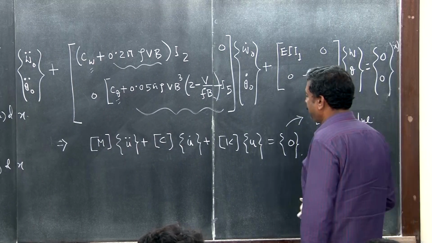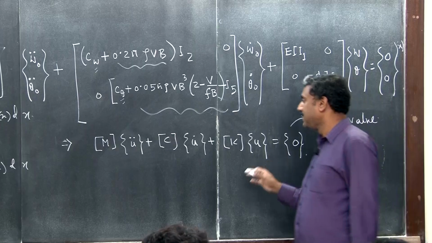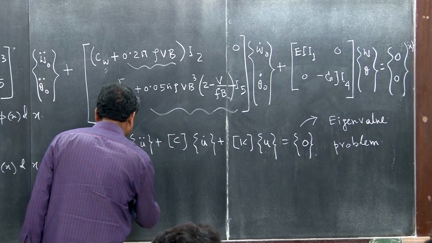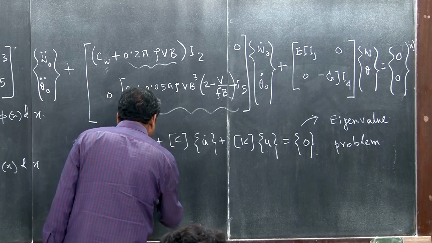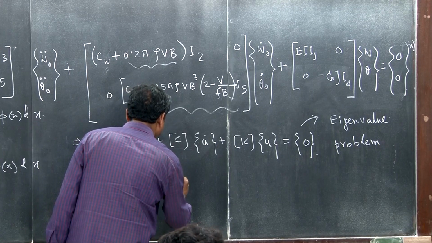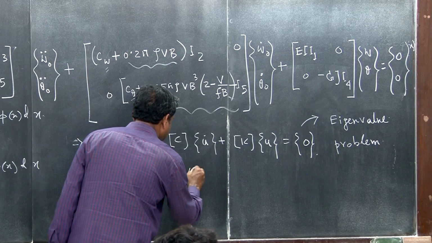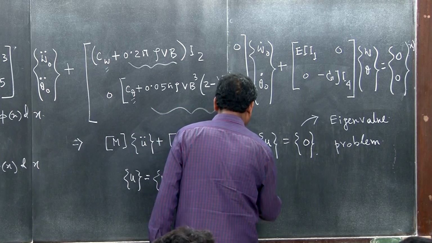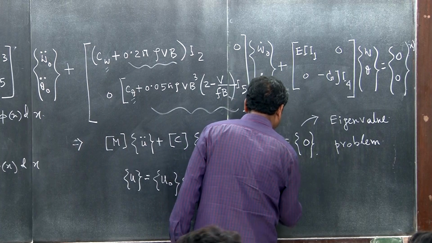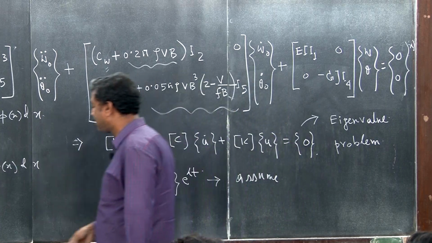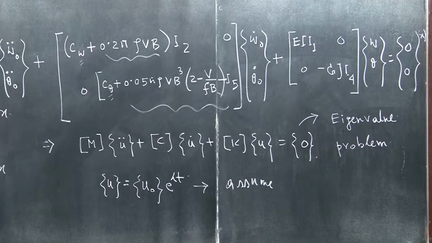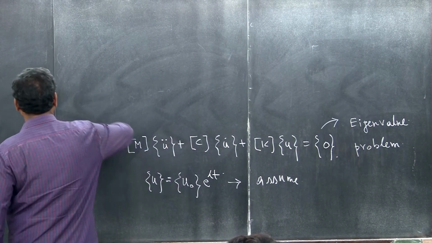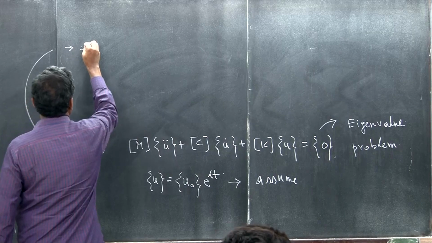Now you may wonder how we can convert it into an eigenvalue problem. We can assume u to be u0 e to the power lambda t. This kind of solution we can assume, right? And then if we substitute in the equation, what will you get?